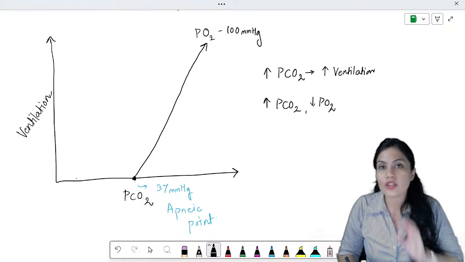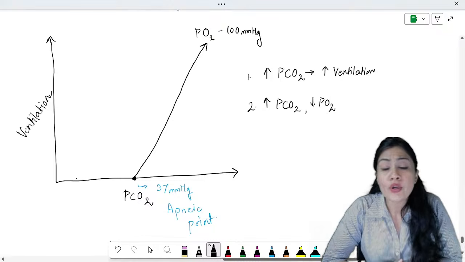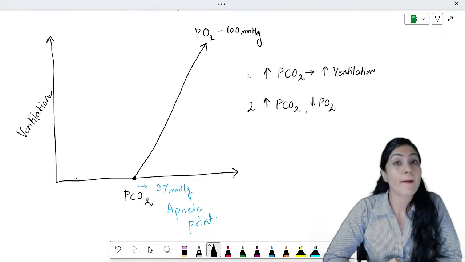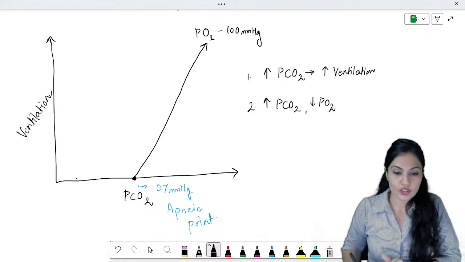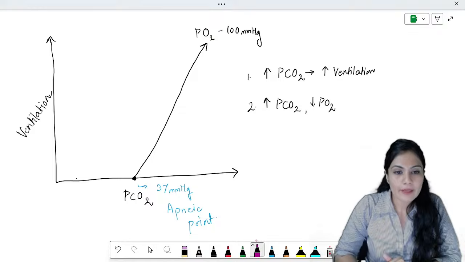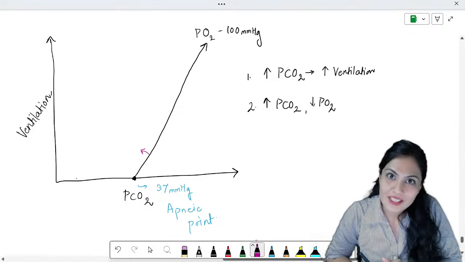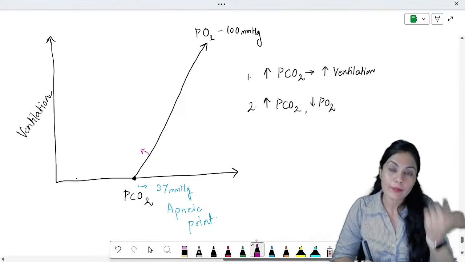But in the second scenario, there is not only hypercapnia but also hypoxia. Then what will happen to the curve? Remember, the apneic point will not shift, but let's take the purple color. The slope of this curve will increase whenever there is hypoxia with hypercapnia.